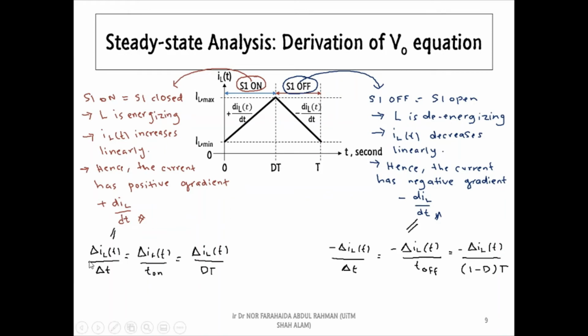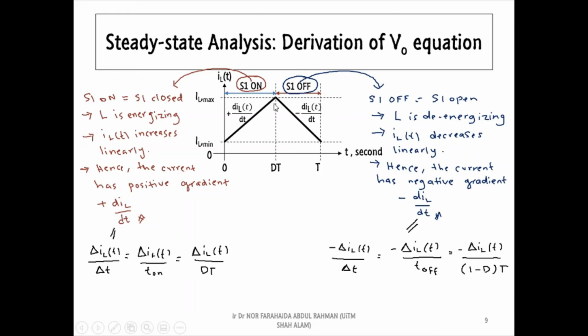Delta IL represents the change of inductor current, while delta T is the change of time. Overall, delta IL over delta T represents the change of inductor current towards the change of time.